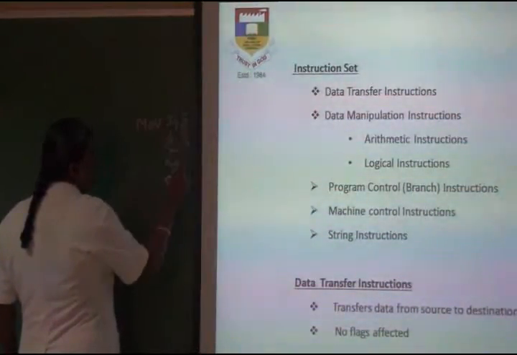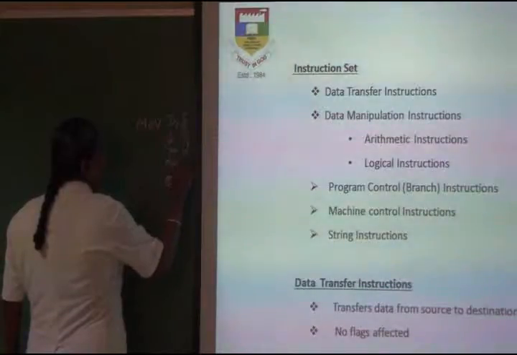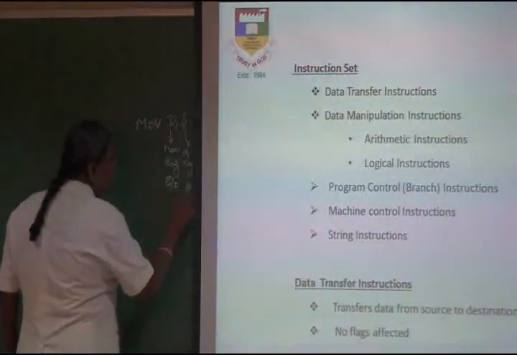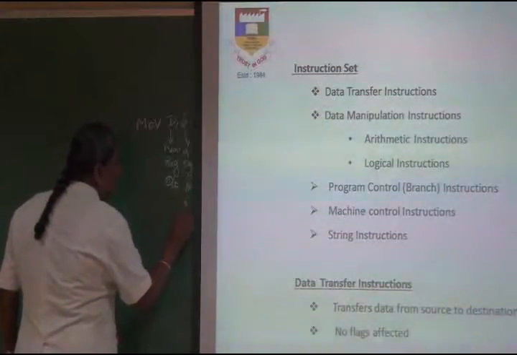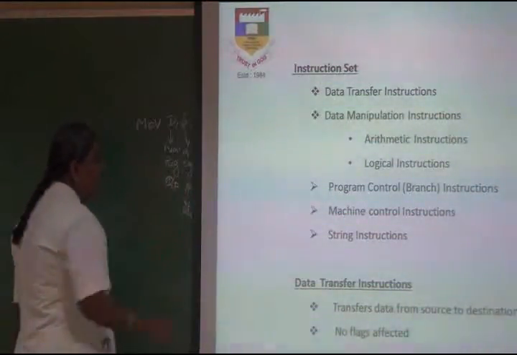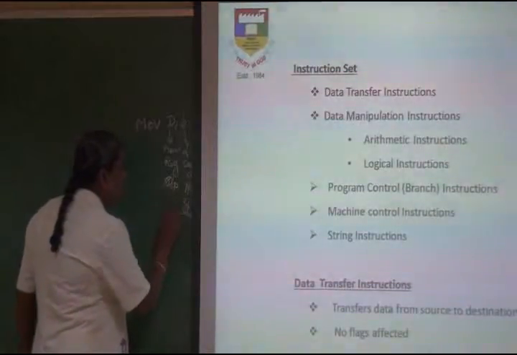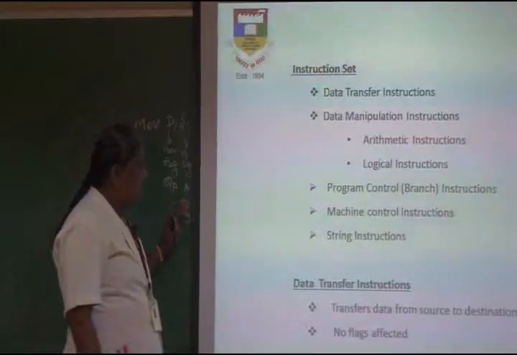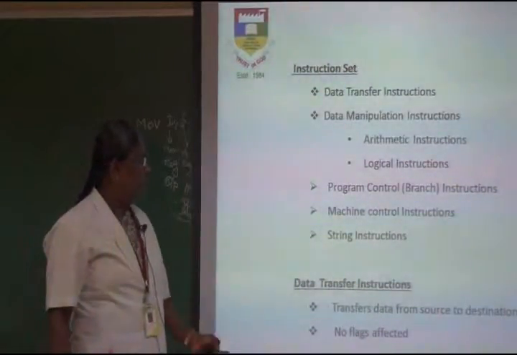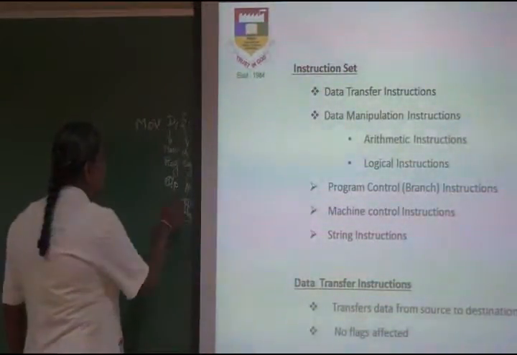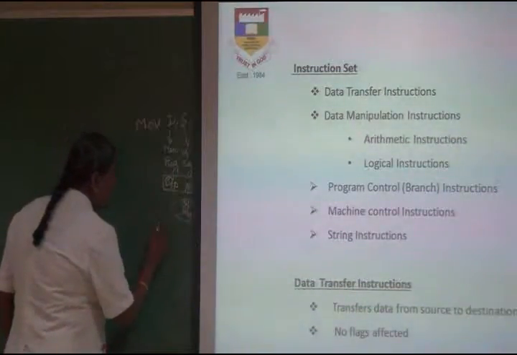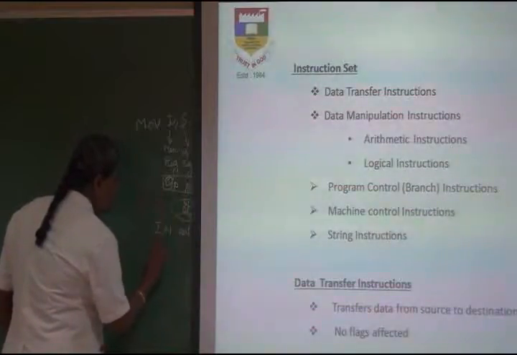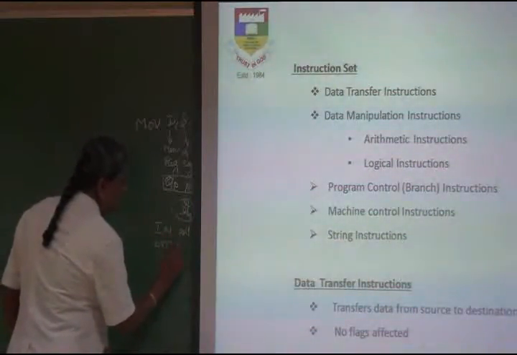The source can be memory, register, an input device, and another possibility is data. The important point to be noted here is that data should not be a destination. And for IO devices, special instructions such as IN port address and OUT port address are used.